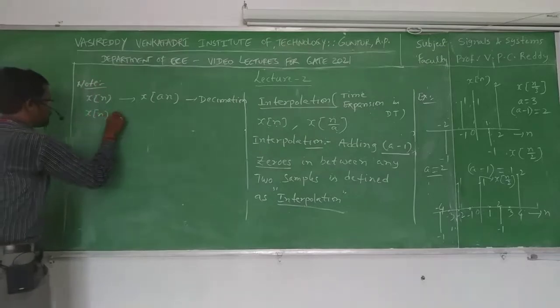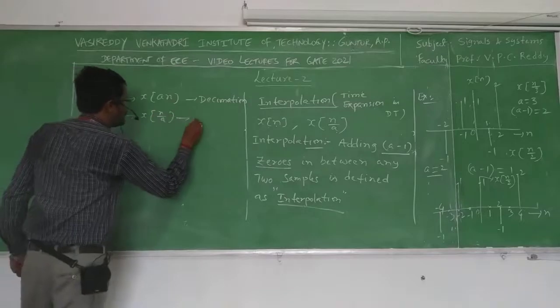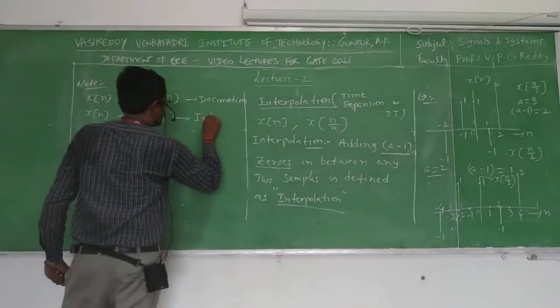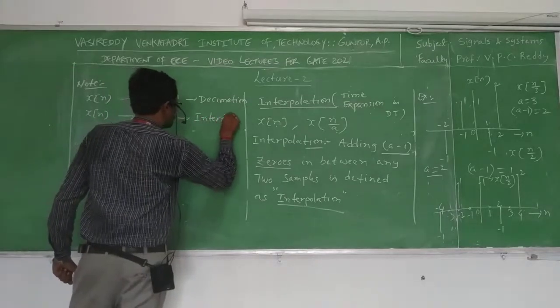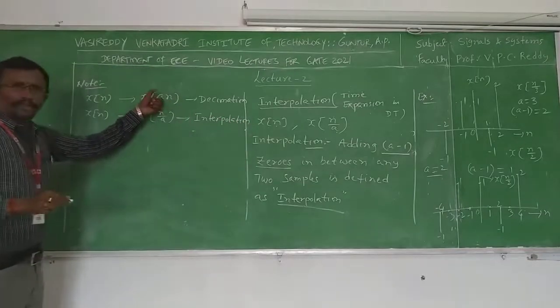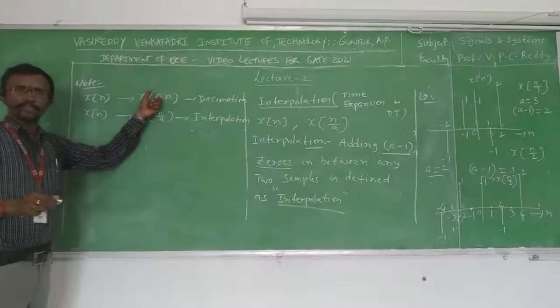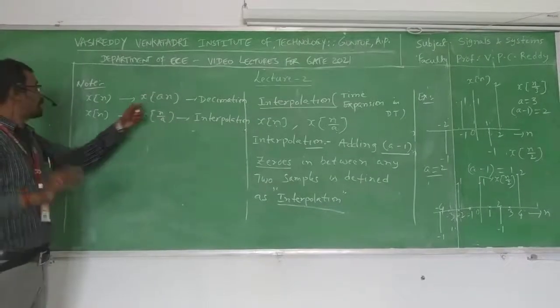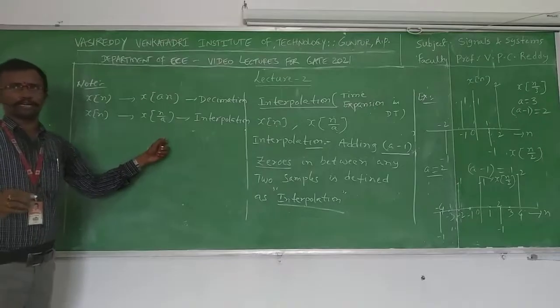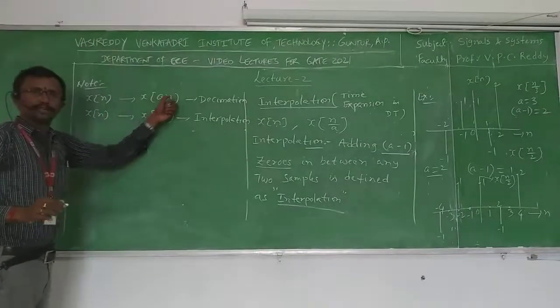If x of n is a given signal, x of n by a is interpolation. Here, as I told you, a must be an integer, because we are dealing with discrete time signals, and a discrete time signal is only defined for integer values of the time axis. So this is about time scaling in discrete time.